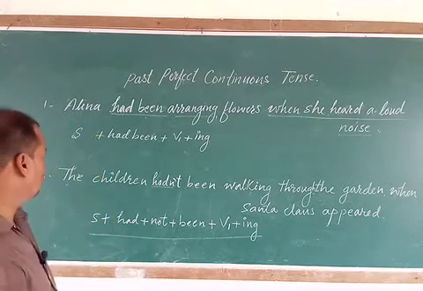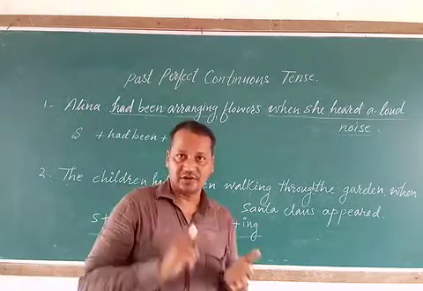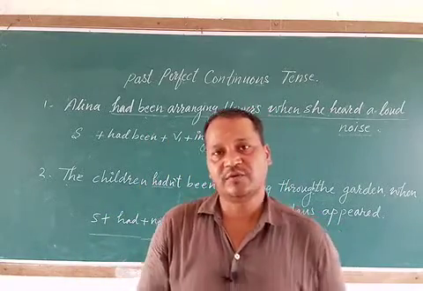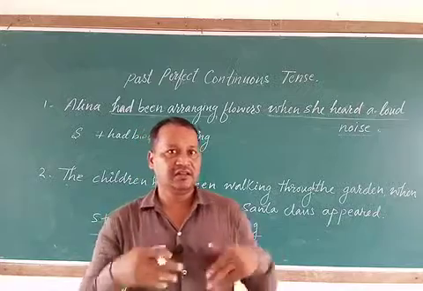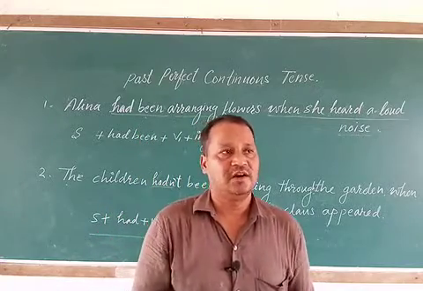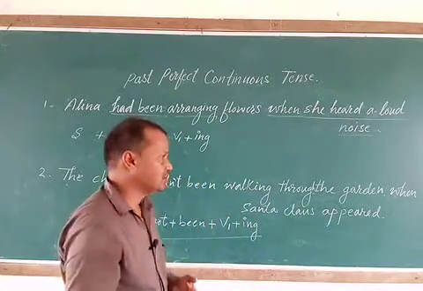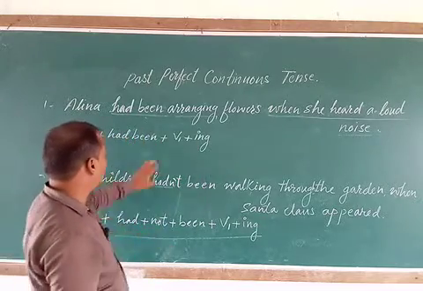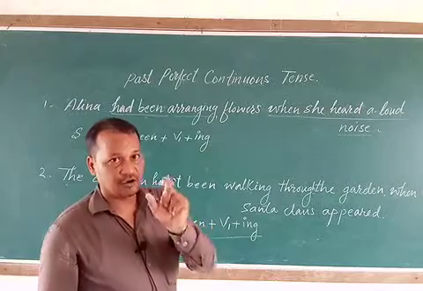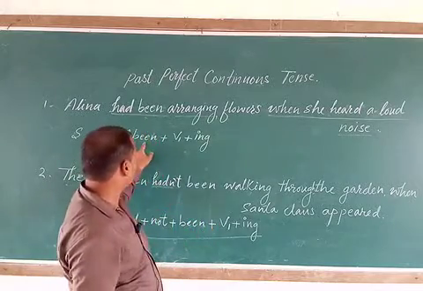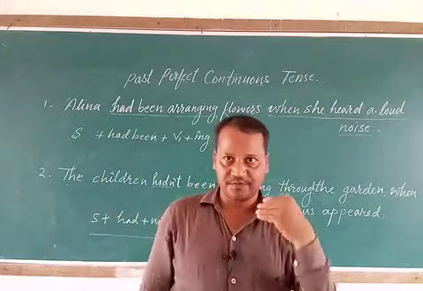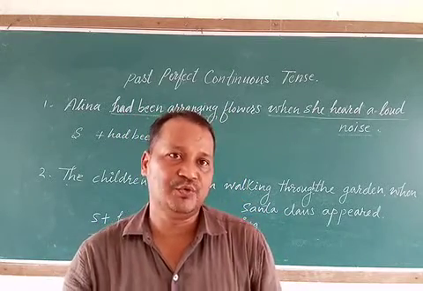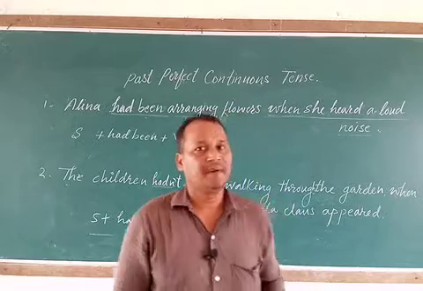So what we have to do? First we put the subject, then had been, then the first form of the verb with ing, and then the other incident we are talking about. And when we have to make it negative, we add not between had and been. It means after the first helping verb, the first auxiliary verb, we use not to make it negative.